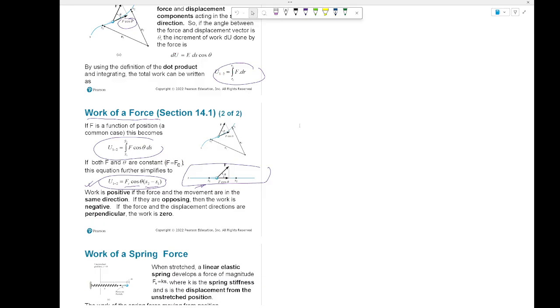You see here, this one has a curved line, right? And if you'd like to solve the energy for this force F, then you have to deal with this. You see, this force F has a component in the x direction, which would be F cos theta, and then you'd like to do the integration from s1 to s2. In that case, you need to know the force equation in terms of s.